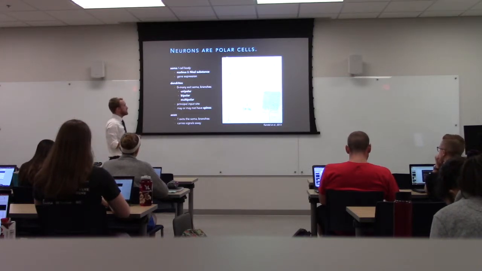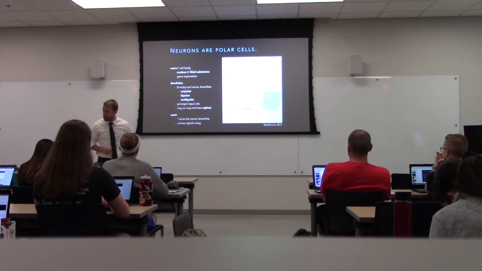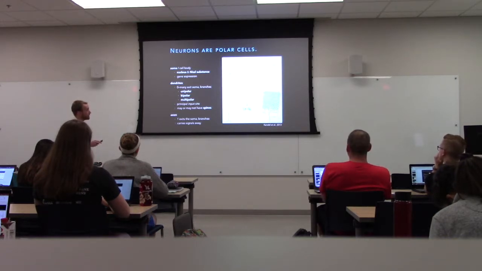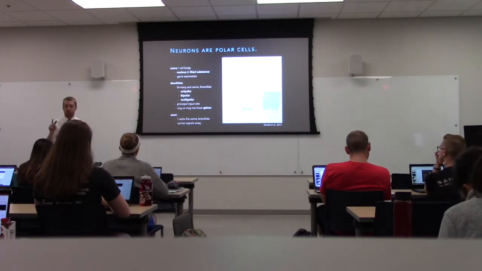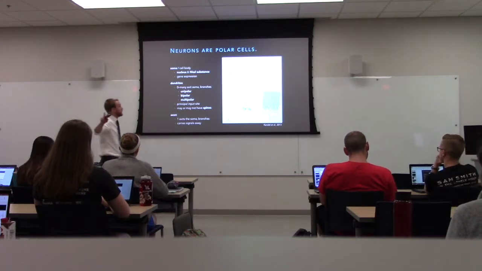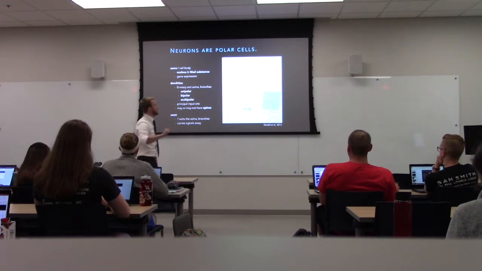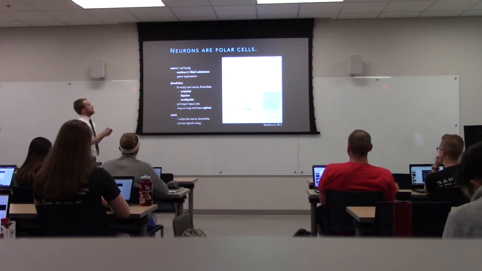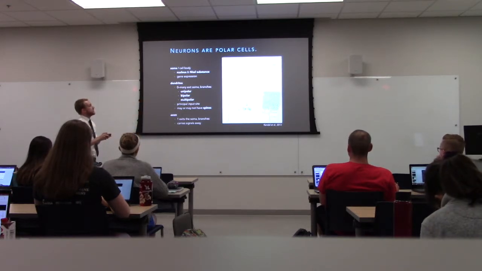We don't have these, but we do have these pseudo-unipolar cells. We call them pseudo-unipolar because they start off as bipolar. Early on in development, they have two poles. They got their axon, and they got one dendrite. 1 plus 1 is 2. That's about as complicated as we're going to get with the math today. But then throughout development, their cell body shifts over, they fuse their axon and dendrites, and that's what creates the pseudo-unipolar cells.